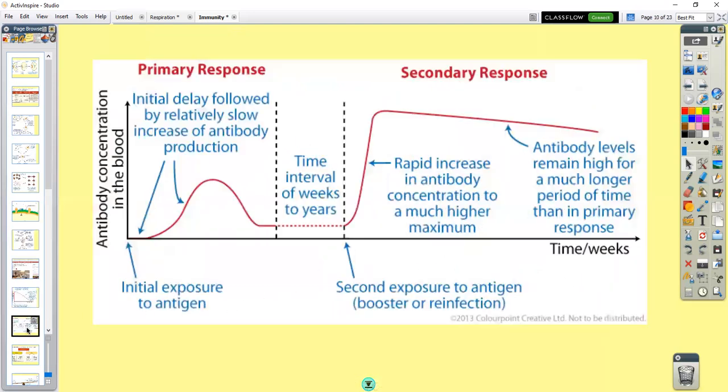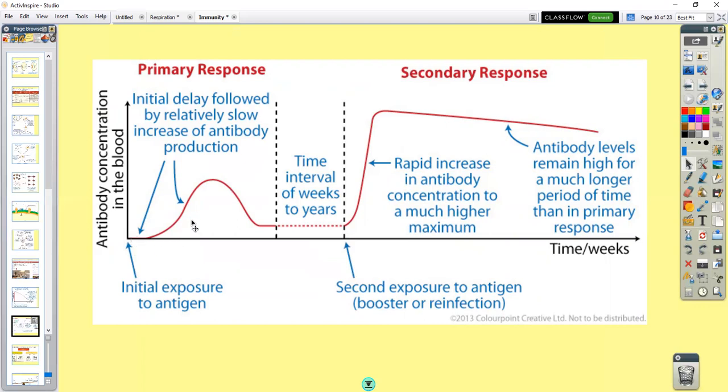Okay, that links in with the next bit, which is looking at the primary response and secondary response. So this is linked to active immunity. Active immunity tends to be if you've had a disease or if you've had a vaccination. So in this case, it could be that you've had the disease. So there's initial exposure to a particular antigen.